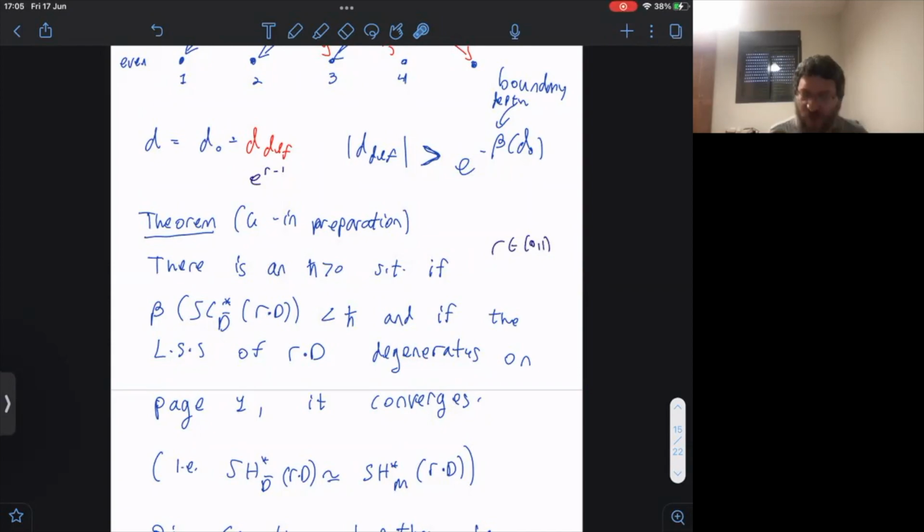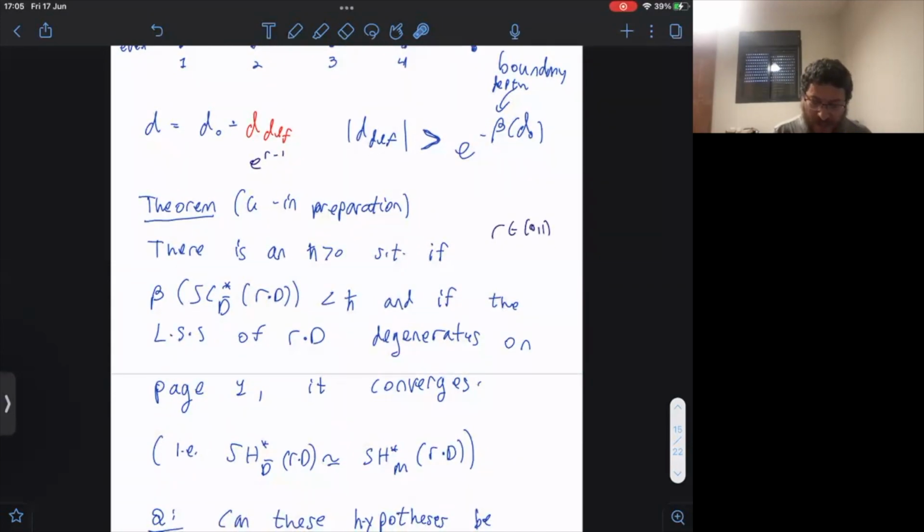So there are two conditions. One is that the boundary depth is small relative to some fixed constant, and the other is that the spectral sequence degenerates on the first page. When these two things happen, then it converges, which means you have some kind of locality isomorphism. So now you could ask me when. First let me pause for questions.